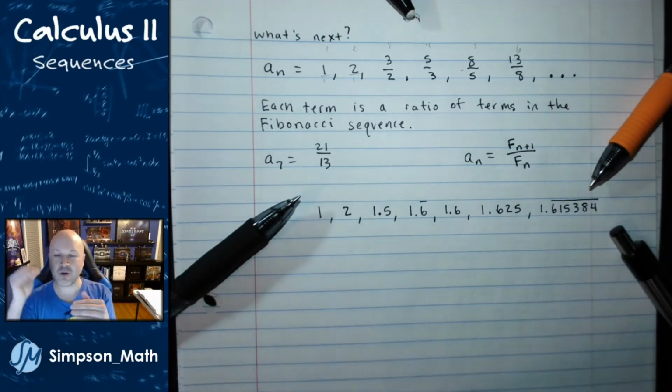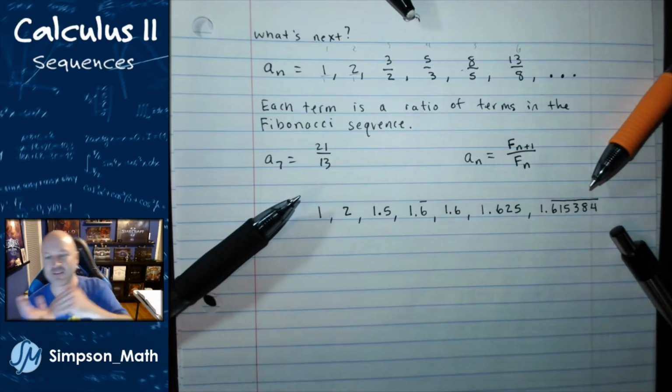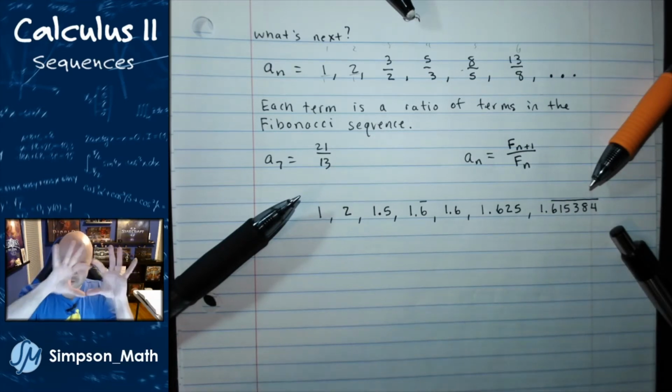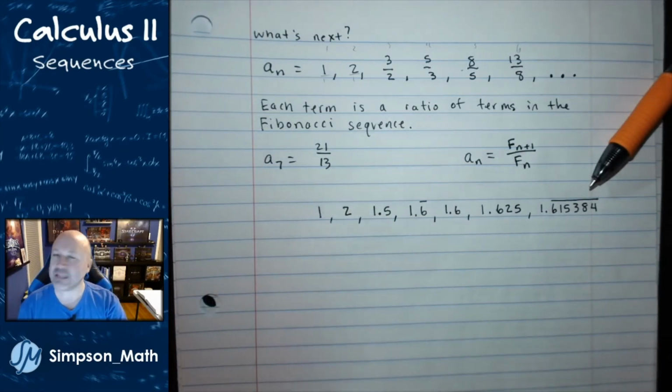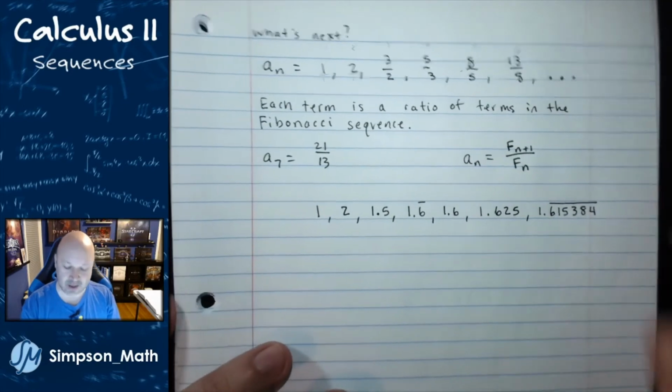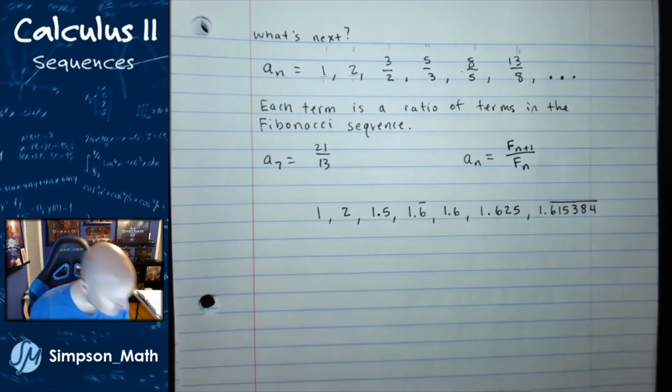What are we talking about when we dance around that phi number? 1.6, 1.62, 1.65, 1.63, 1.64. What's that idea of approaching? Hopefully the word limit is kind of ringing a bell here.